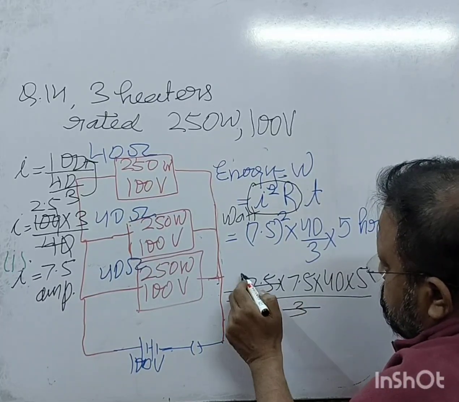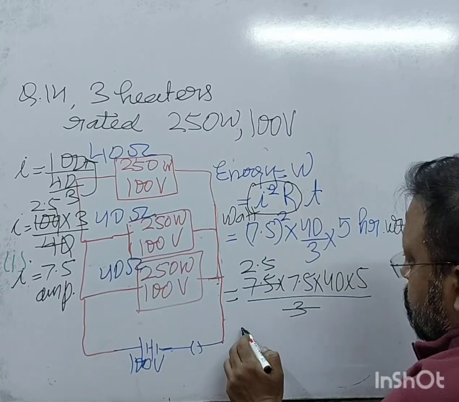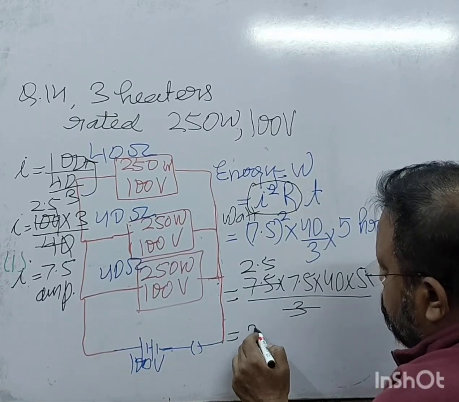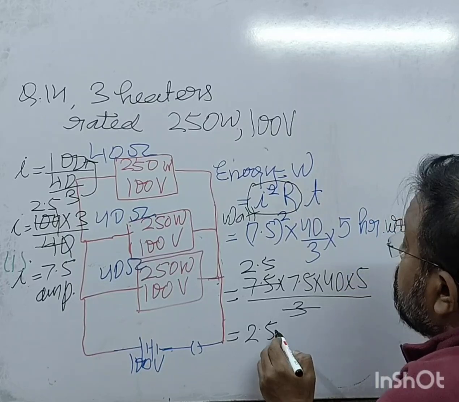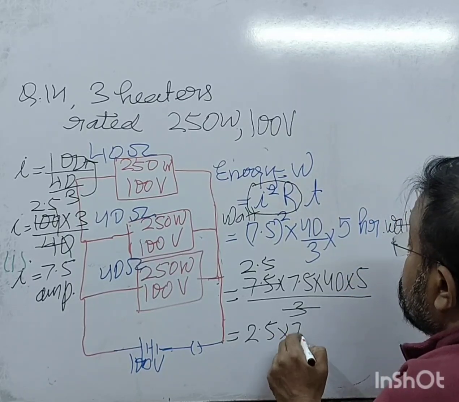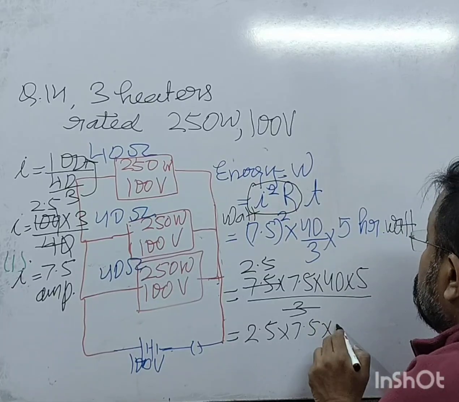So this is how much? 2.5, right? So we get 2.5 into 7.5 into 200.